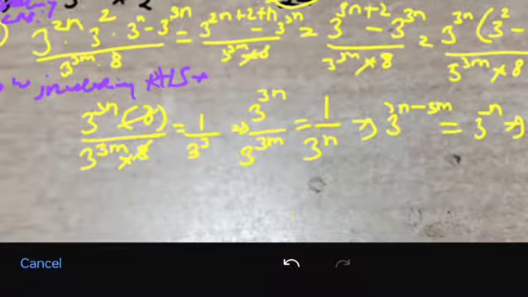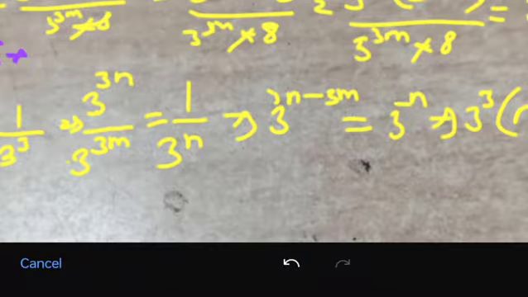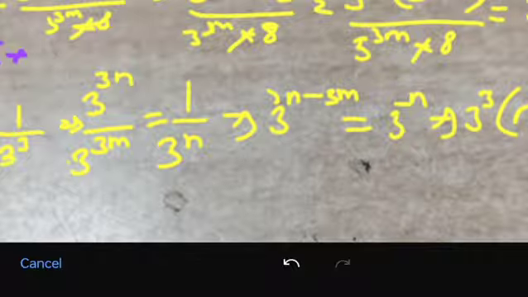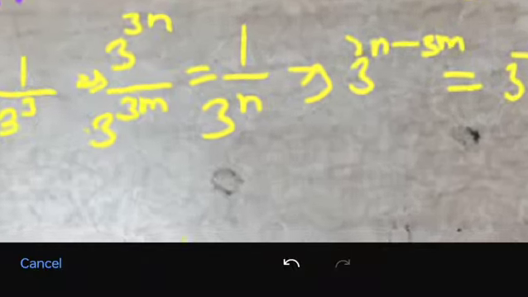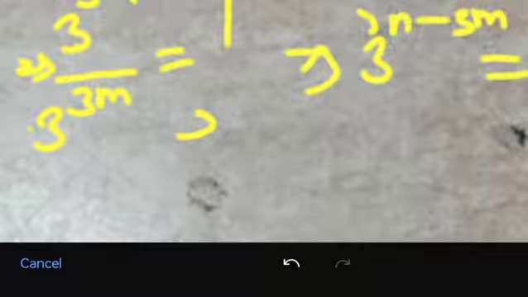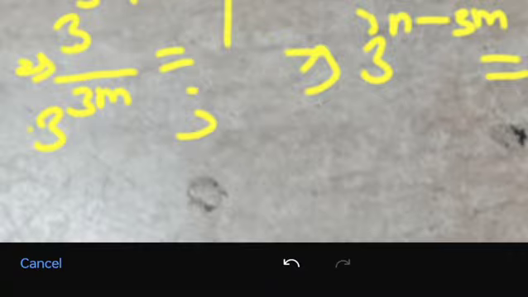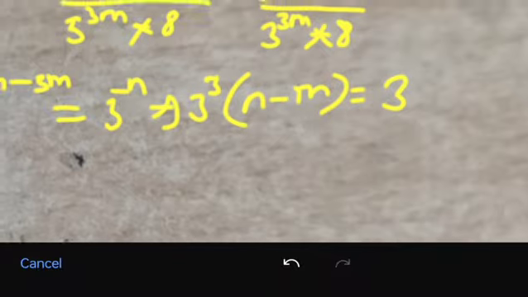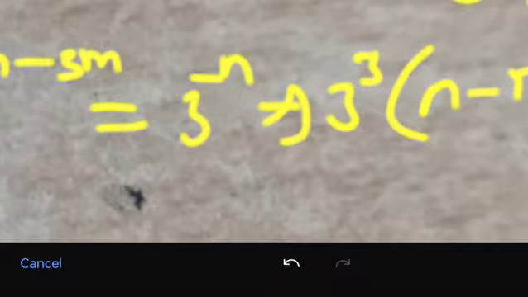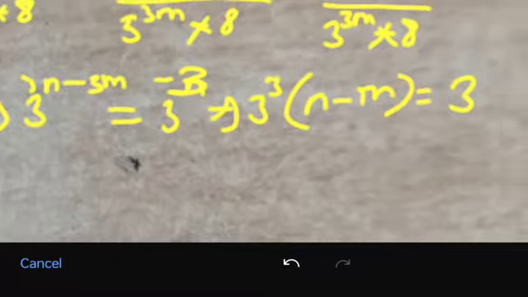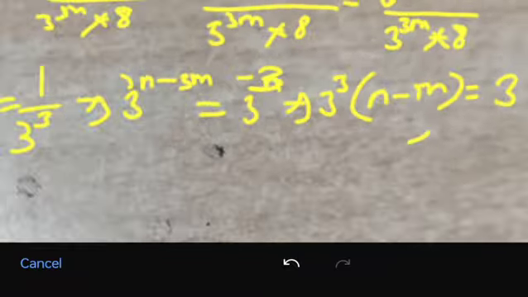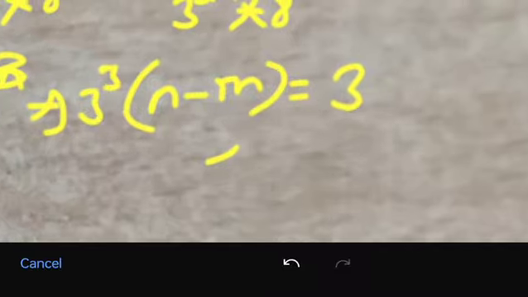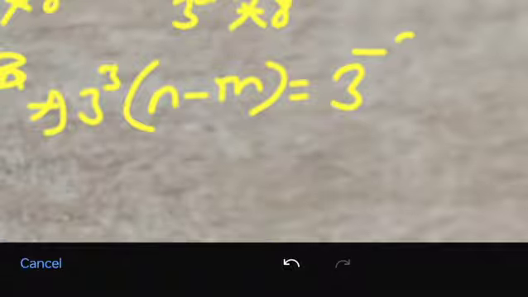So it is 3 raised to power 3. Similar to here, it is 3 raised to the power 3 minus 3 actually now, because again I have taken the inverse. So now it is minus 3 right here.